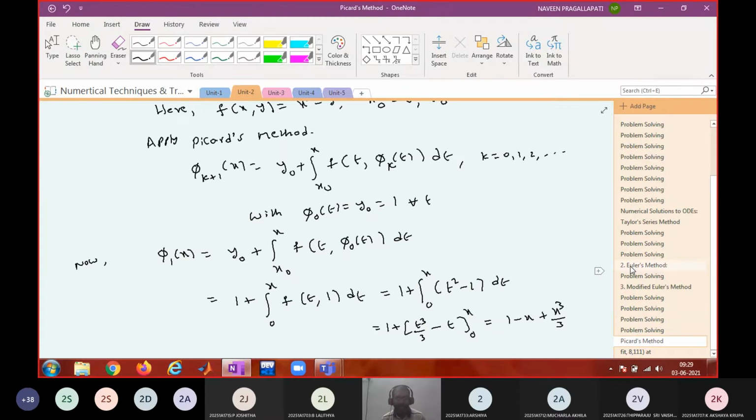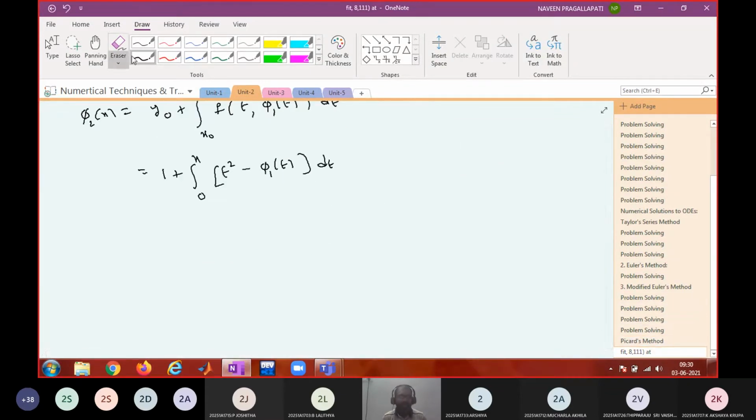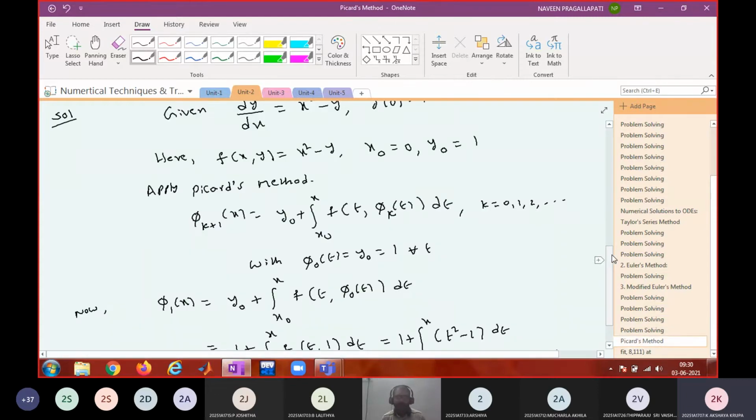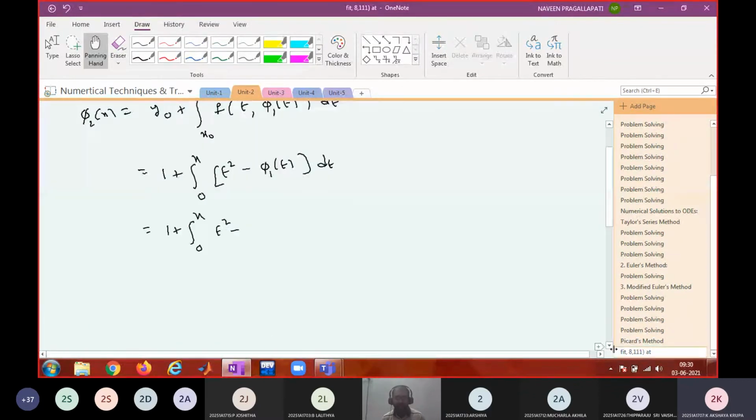I just applied the definition of f. So what is phi 1 of t now? Phi 1 of x is 1 minus x plus x cube by 3. We want phi 1 of t, so you have to write it in terms of t: 1 minus t plus t cube by 3.